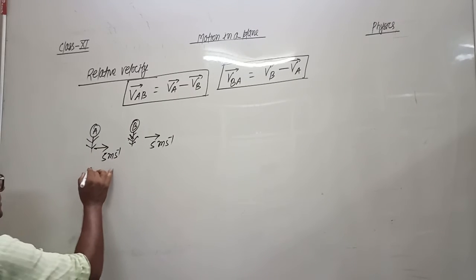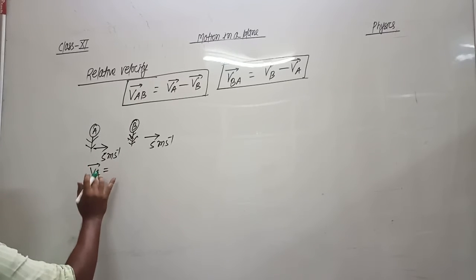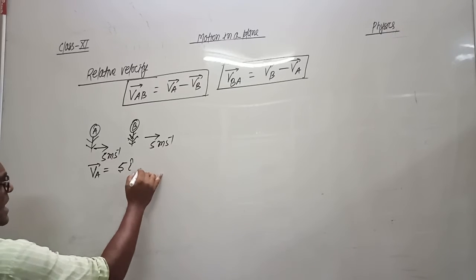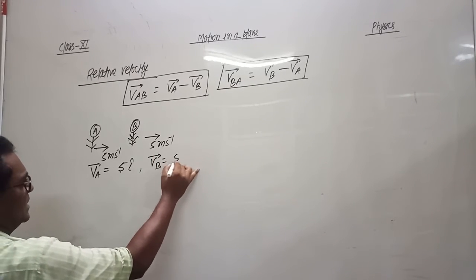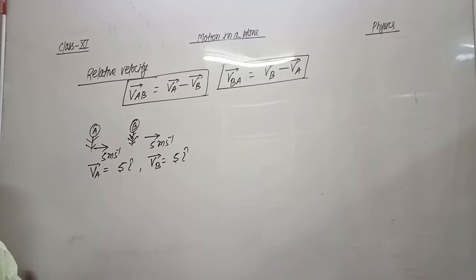So the velocity vector of A equals 5 i cap, and the velocity of man B is also 5 i cap. I cap represents the direction of the x-axis.